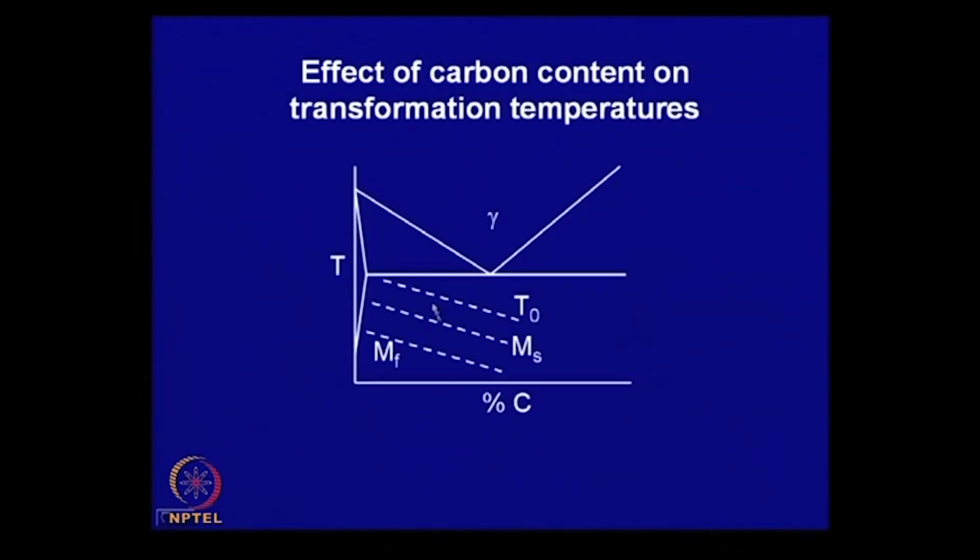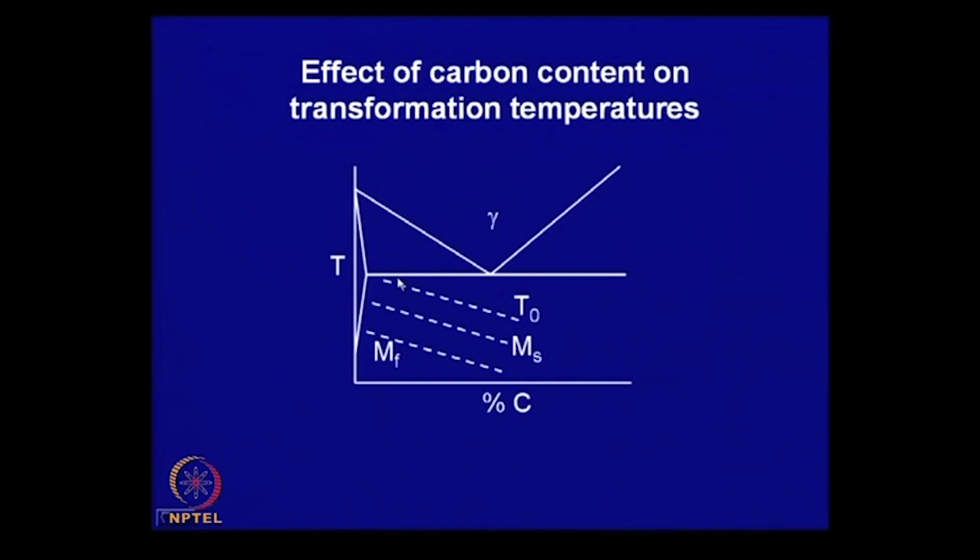It is possible to superimpose on the iron carbon phase diagram the relevant portion, the temperature T0. This is a function of carbon content. The higher the carbon content, the lower is T0, and also MS or MF.